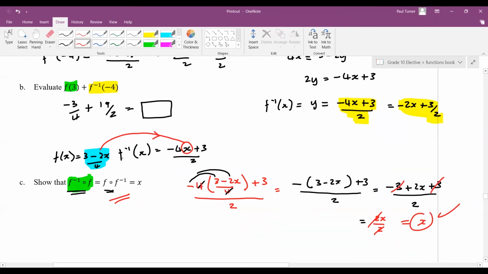So it looks like we did this question correctly, but I'll let you try this one yourself. Do that one, and you should end up with x as well. So this is how we show that 2 functions are inverses of each other. That's what we're showing here. This shows that f(x) and f inverse x are inverses of each other.